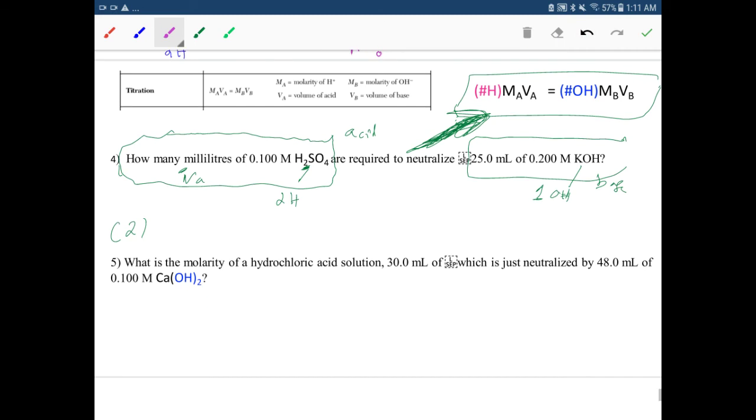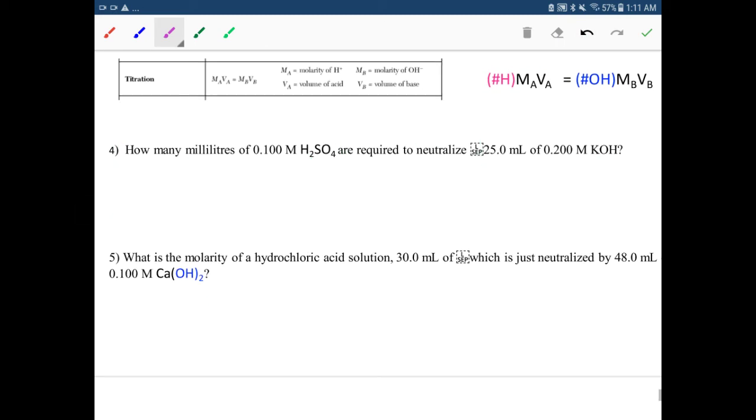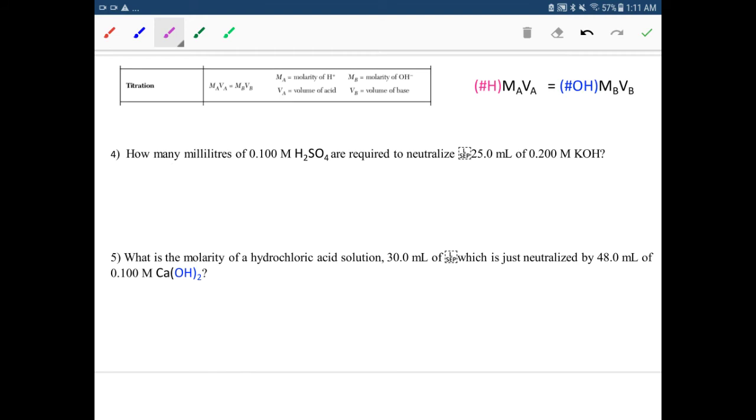Question 5 says, what is the molarity of a hydrochloric acid solution, 30 ml of which is just neutralized by 48 ml of CaOH2. I don't like the wording of this question, but it's still easy to get the information needed.